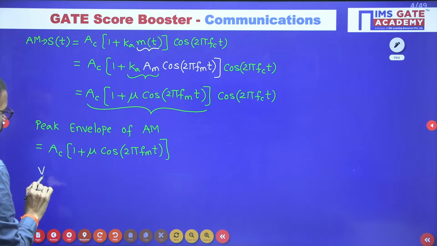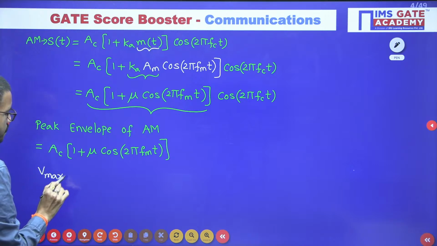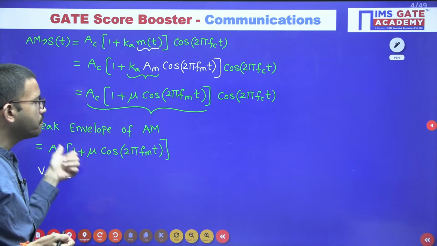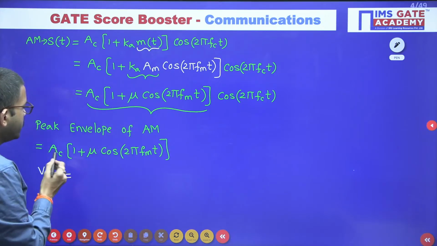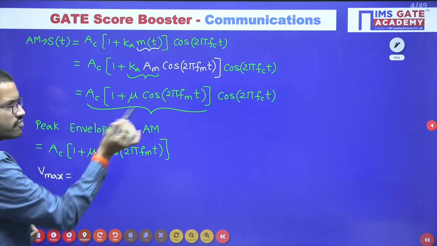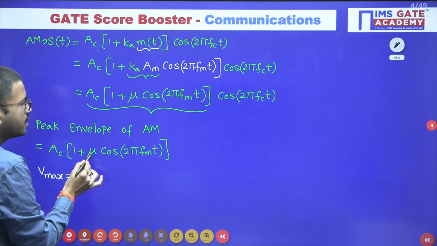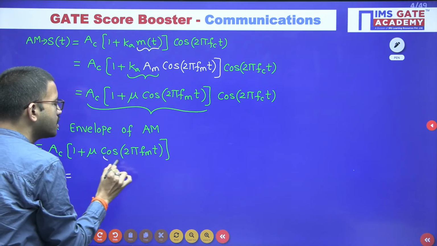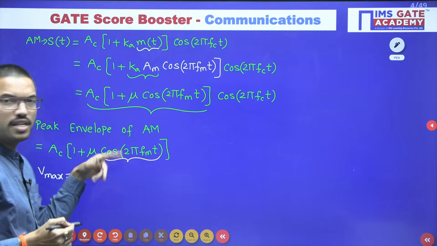Now, I am writing the maximum value of the peak envelope. In which case are you going to get the maximum value for the peak envelope of AM? See, here Ac is the peak amplitude of the carrier signal. It is a constant. Here the modulation index is a constant. Okay. Here, cos 2 pi fm t is the variable.